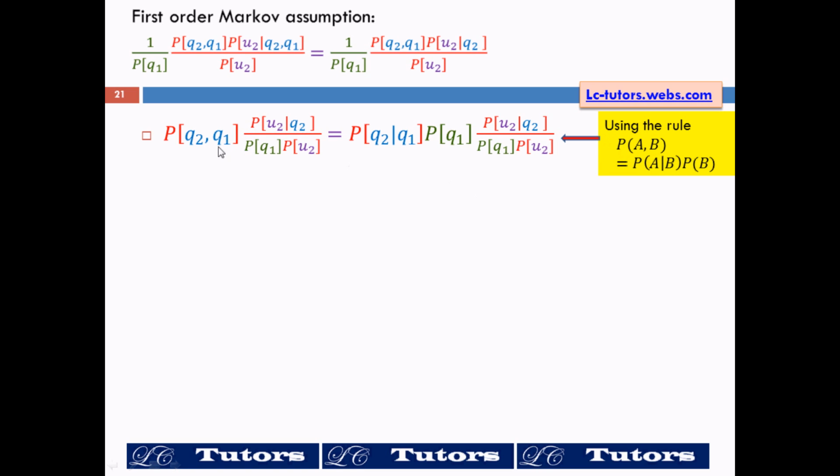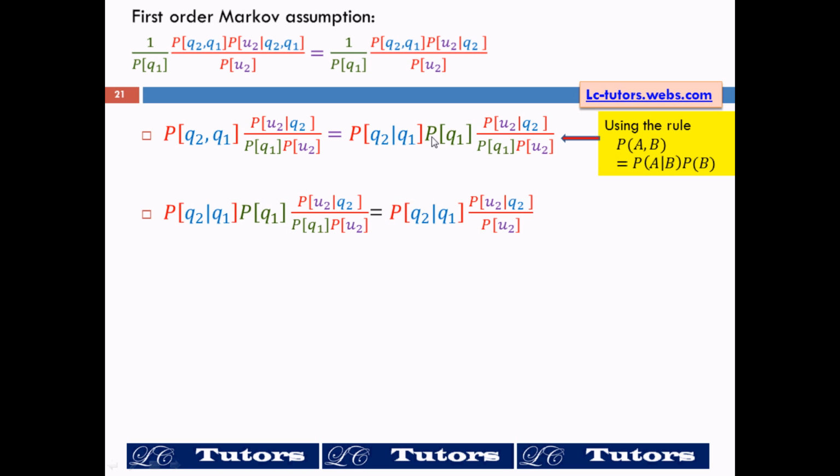And so basically we have this expression: the probability of A comma B can be replaced with the probability of A given B times the probability of B. Okay, so now we have a cute little expression. Once you substitute these values, we can get rid of P(Q1).